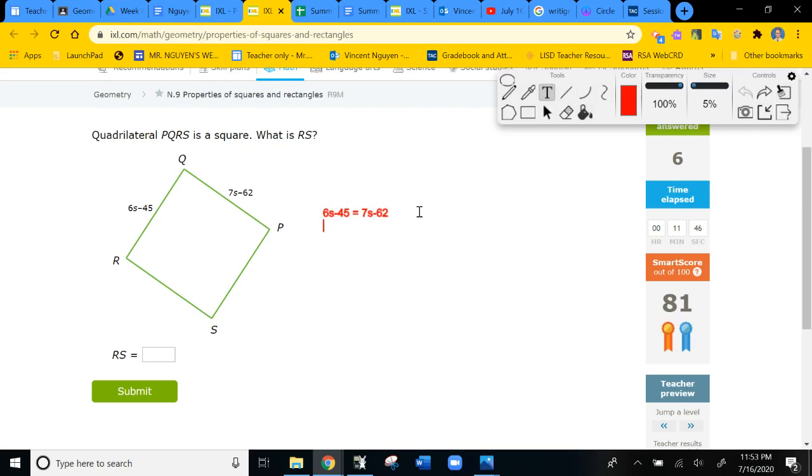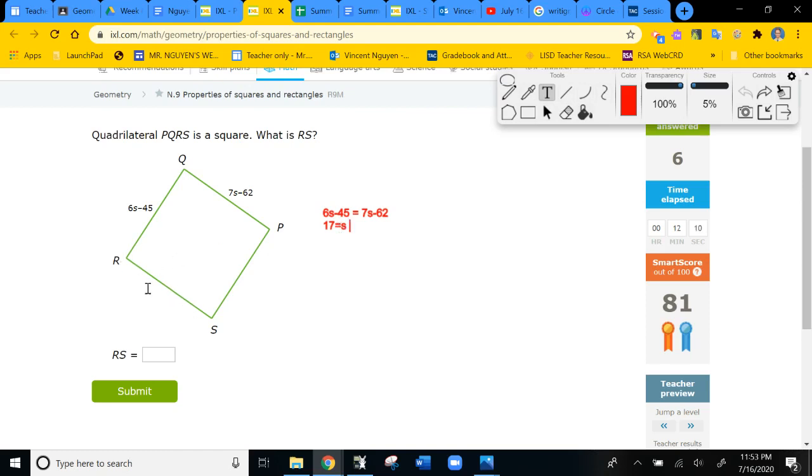So I'm going to move the 6s over to get the s by itself, and I'm going to add 62 to the other side, right? So negative 45 plus 62 is 17. So I have 17 equals 1s because I'm subtracting the 6s. So s turned out to be 17.